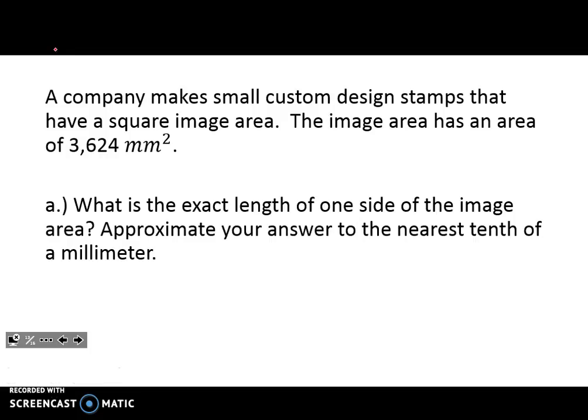So we are going to be looking for our keywords within the problem. First of all, it tells us that we're working with a square. So automatically, if we're working with a square, we're going to be using the equation that has a square in it, x squared.